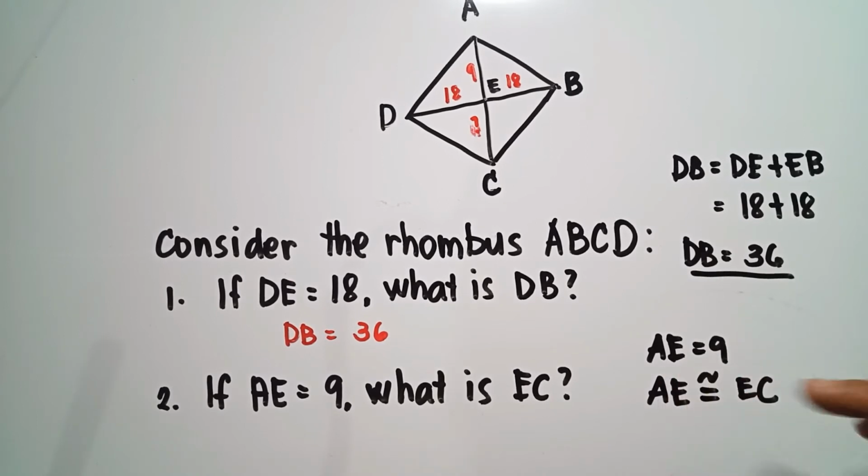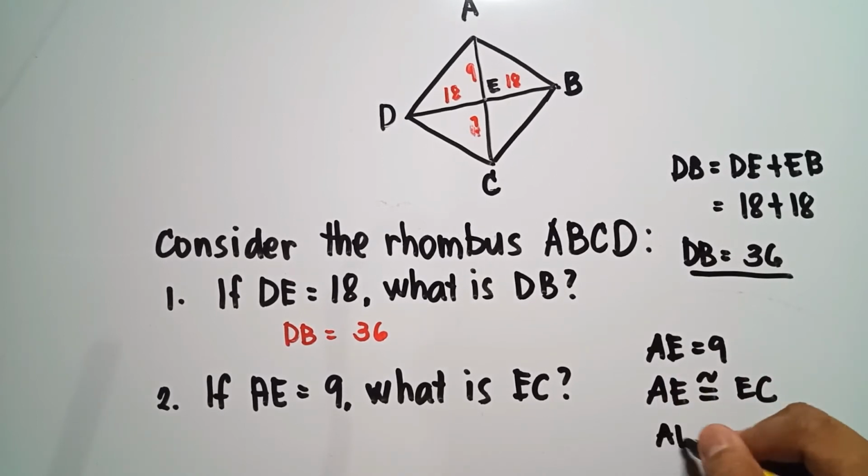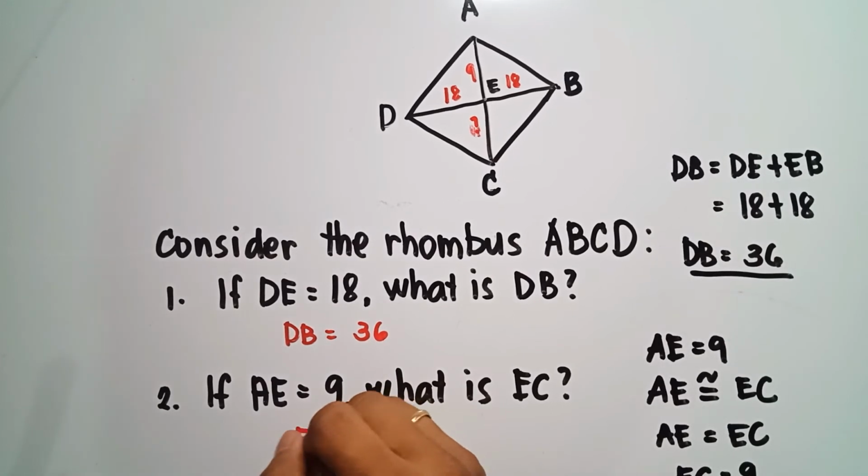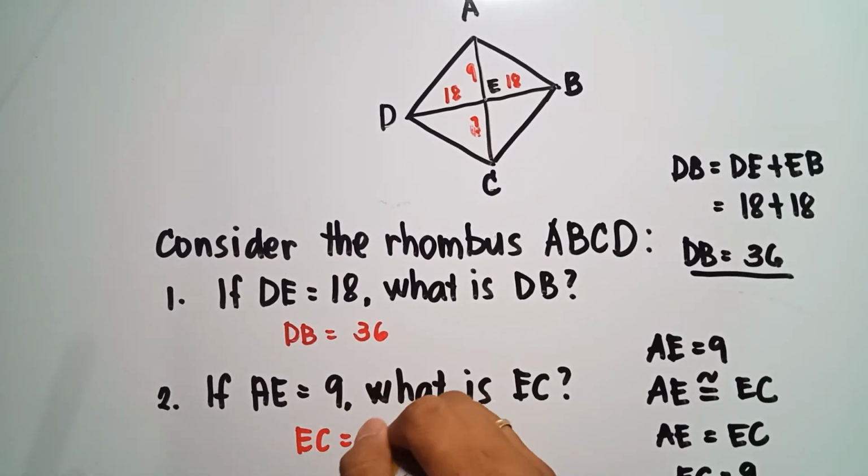Now, if AE is equal to 9, so AE is equal to EC. So we have EC is equal to 9.